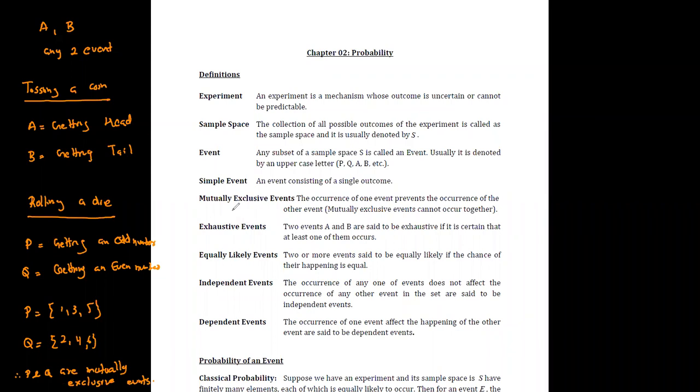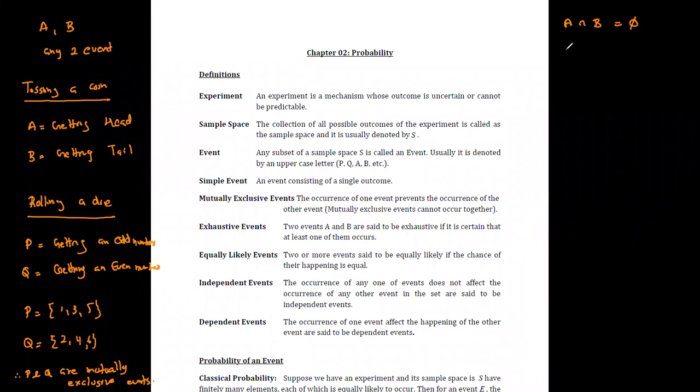If two events are mutually exclusive, then we can also write this equality: the intersection of A and B is equal to the null set. It means that here also there are no common elements. That's why the intersection of these two events gives us the null set.